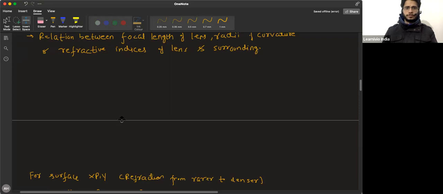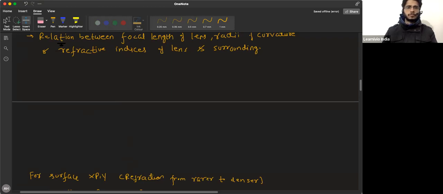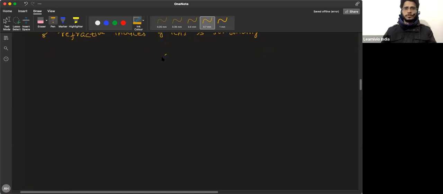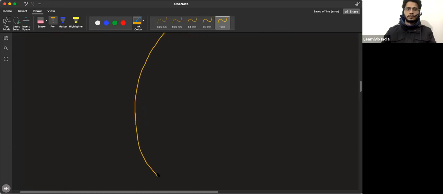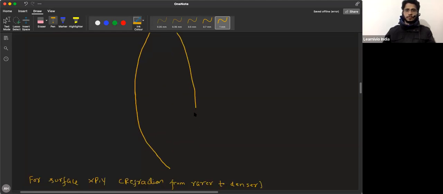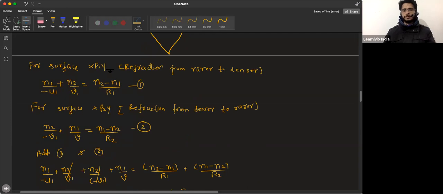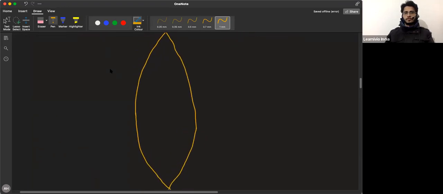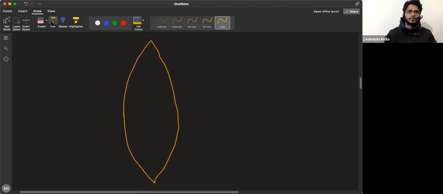So it's a convex lens. Double convex lens.